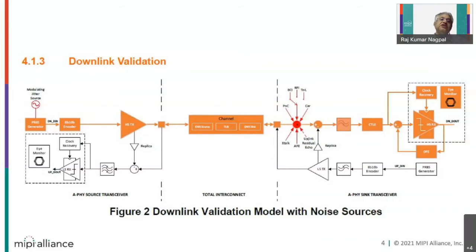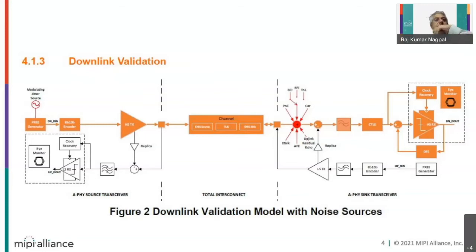And then there is another degree of crosstalk coming from your ENIS structure, which is the end node interconnect structure. This is actually a small PCB. In a multi-channel configuration this is also going to add crosstalk. So these crosstalks are a part of your static noise. There is some A-PHY noise: your receiver will always have some noise, which we call analog front-end noise. Then you have got uplink residual echo.